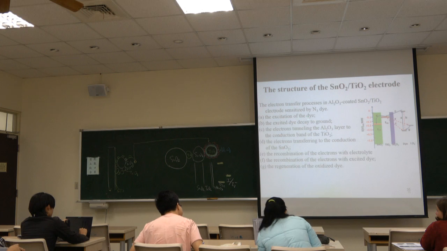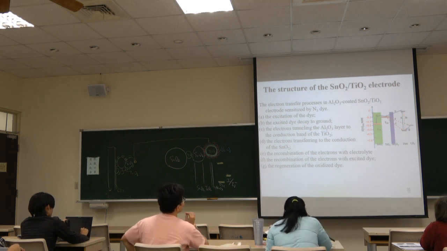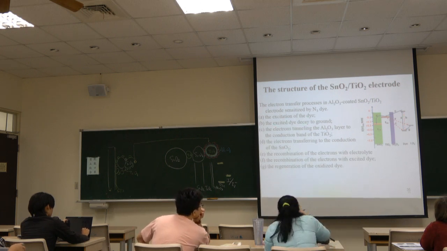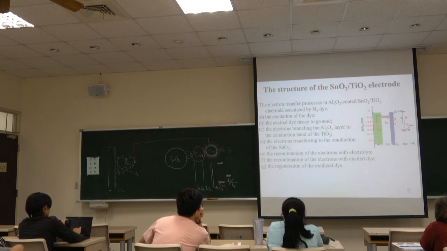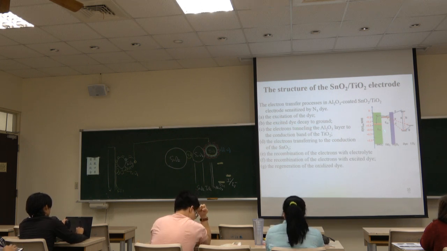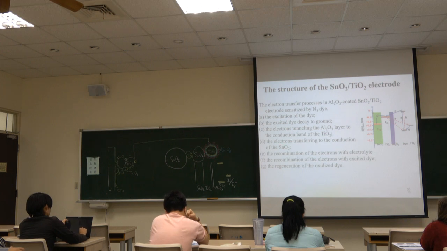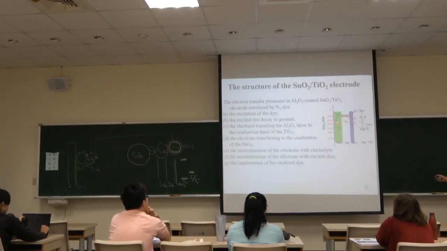A is the excitation of the dye. B is the excited dye decay to the ground state. C is the electron turnover. Okay, careful, turnover in the Al2O3 layer to the conduction band of the TiO2. Okay. D is the electron transferring to the conduction band of the SnO2.